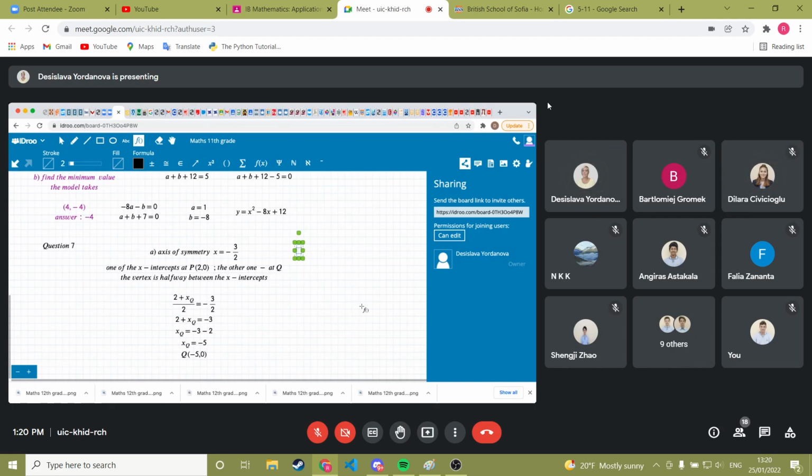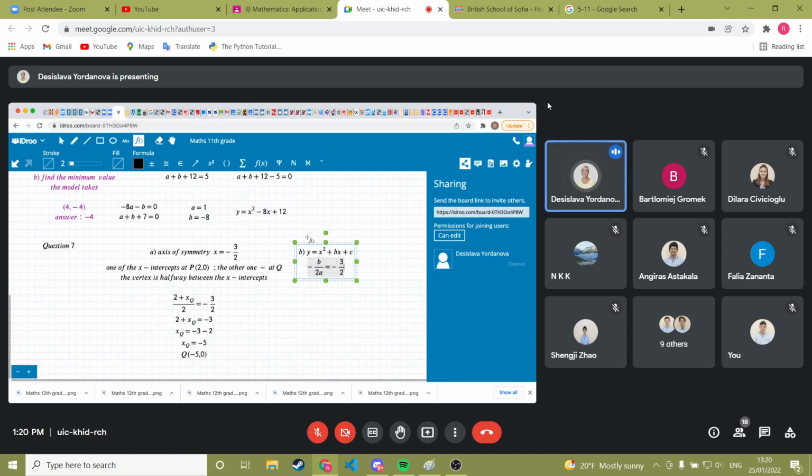So then they tell you that y equals x squared plus bx plus c. In this way, they actually tell you that a equals 1, and they want you to find b and c. The first thing we can use is that minus b over 2a equals minus b over 2.